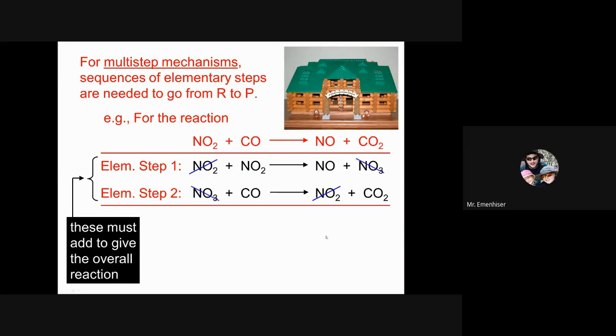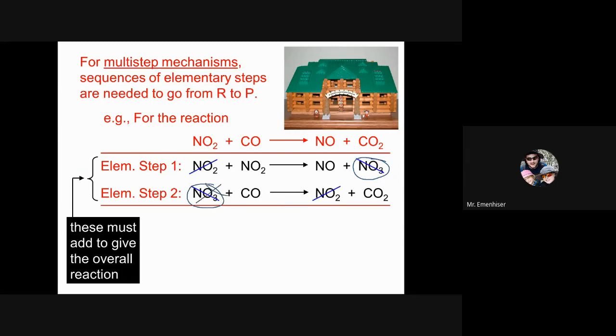Same thing here. So NO2 and NO3, these are both called intermediates. An intermediate is something that is consumed in one step, produced in another. Notice that one of these, okay, well, it's hard to say with NO2 because there's still another mole here that survives. But notice that NO3 is produced in this step and then consumed in this step.